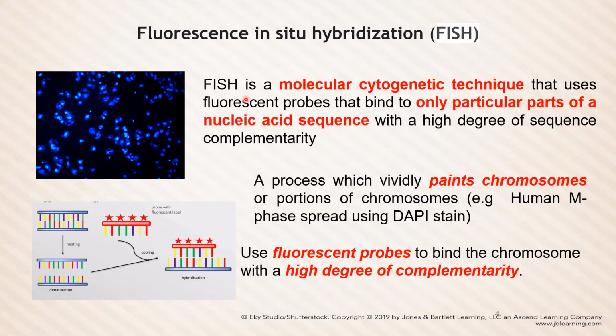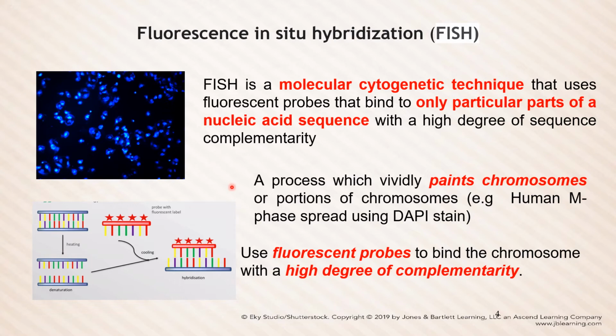Okay, so to summarize, FISH is a molecular cytogenetic technique that uses a fluorescent probe like this one, which only binds to particular parts of the DNA. These types of techniques, such as antibody stainings, you will hear a lot about.